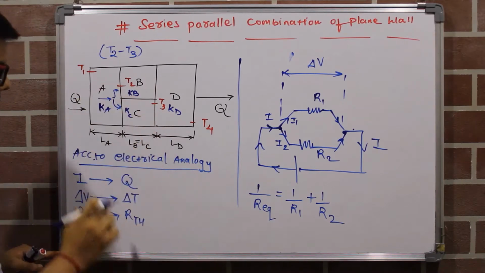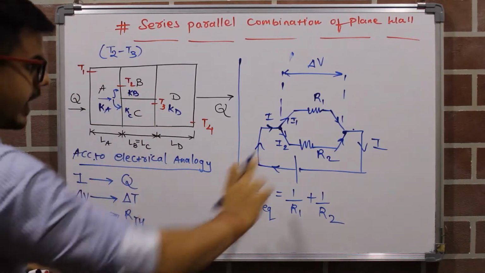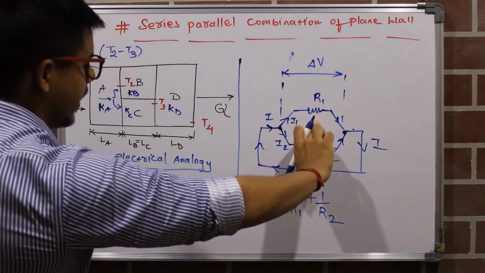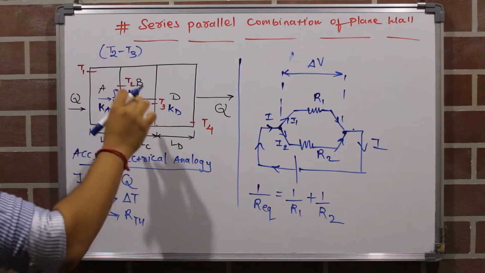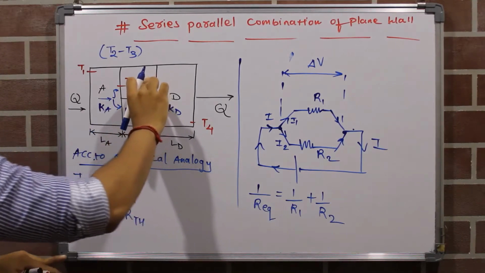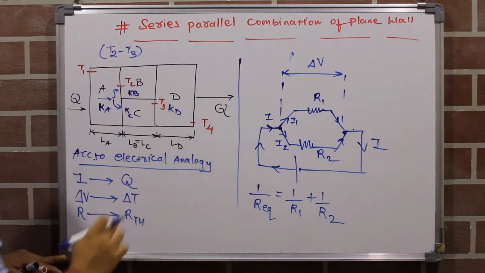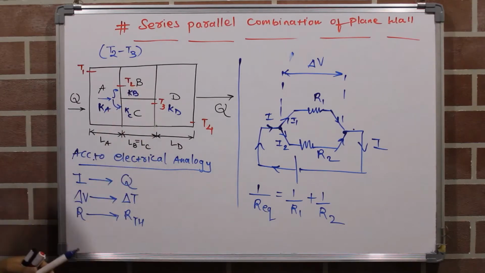I will repeat: delta V is the same in the parallel combination of electrical resistors. Similarly, our temperature drop delta T will be the same for the walls which are connected in parallel.